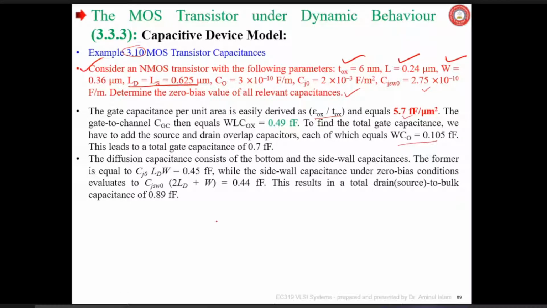Remember that. CO, the overlap capacitance, is 3 into 10⁻¹⁰ farad per meter, CJ0 equals 2 into 10⁻³ farad per meter square, and CJSW0 equals 2.75 into 10⁻¹⁰ farad per meter. Determine the zero bias value of all relevant capacitances.